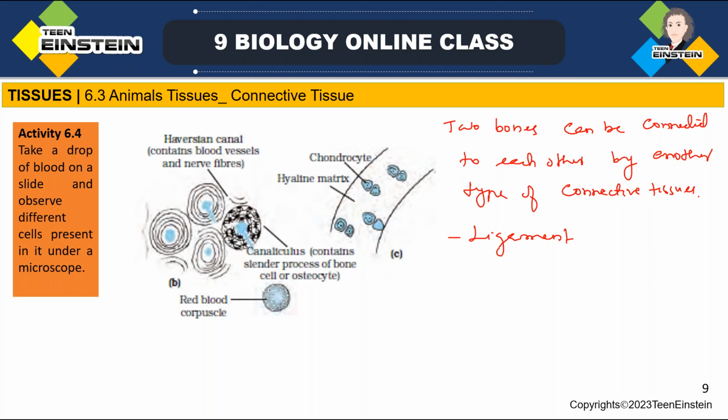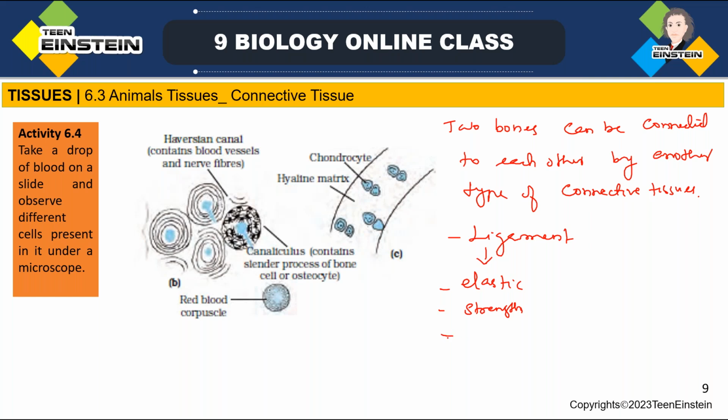Okay, and this ligament, we need to write that ligament is elastic. Bones are not flexible, but ligament is elastic. Even though it is elastic, it has strength. It is not so strong, but it has considerable strength.